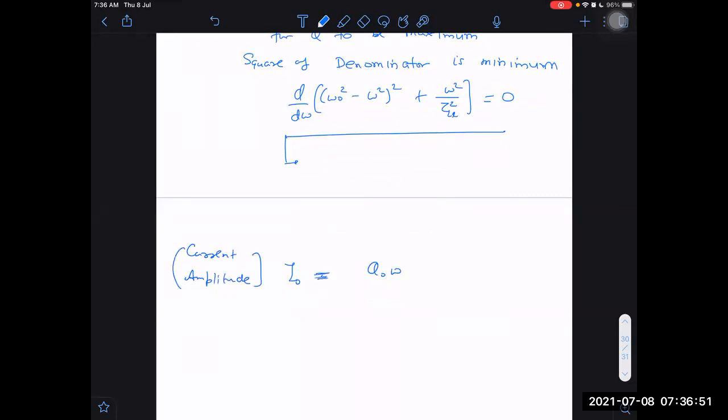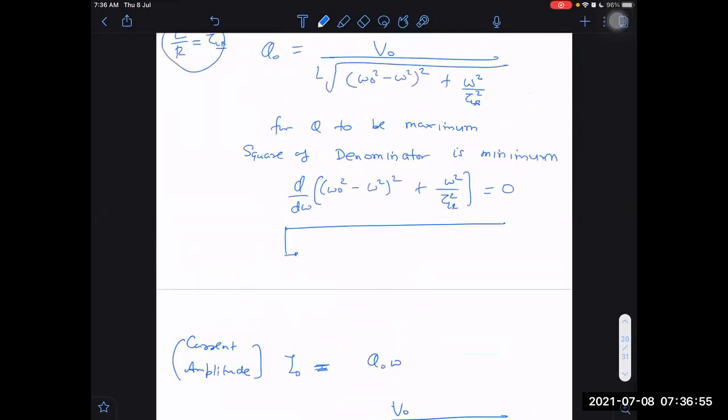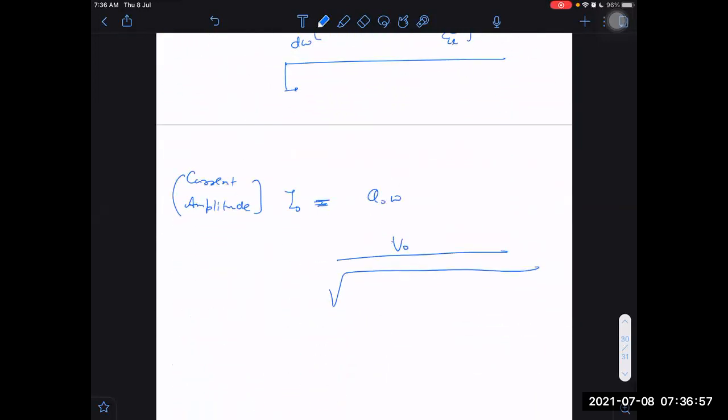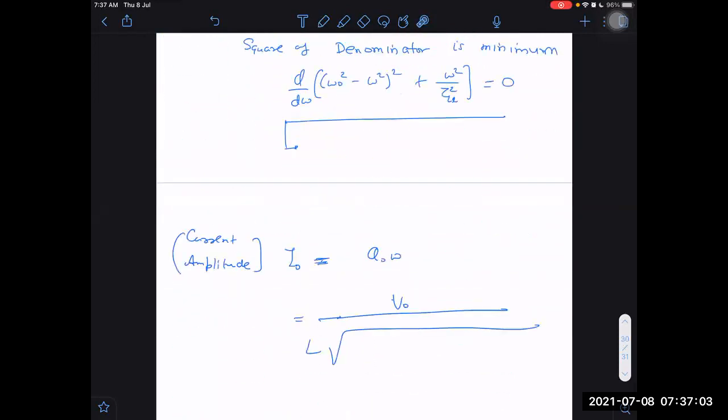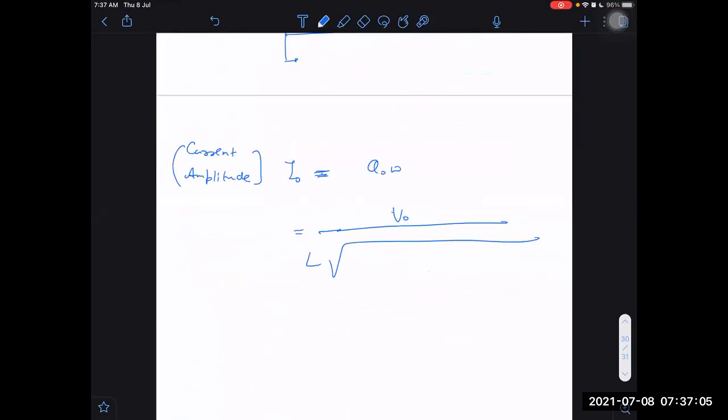And then we are getting it as V naught divided by root of L into, if I take 1 by omega, omega naught square by omega minus omega, whole square.